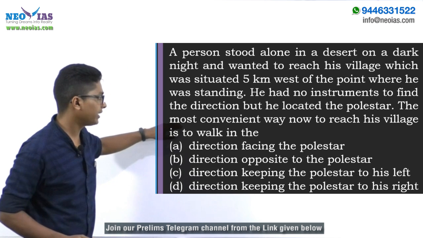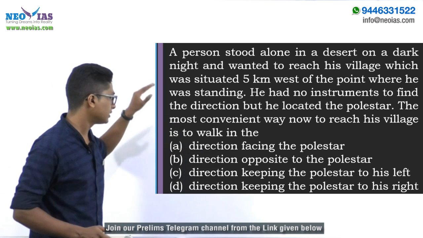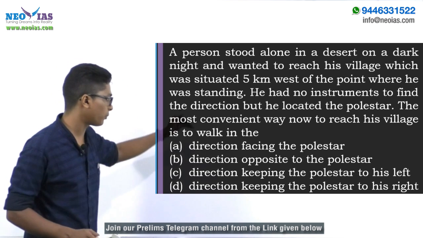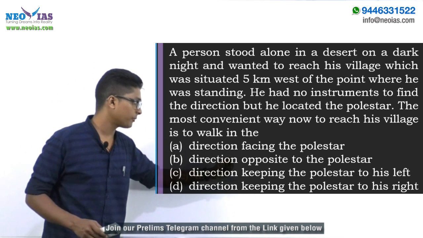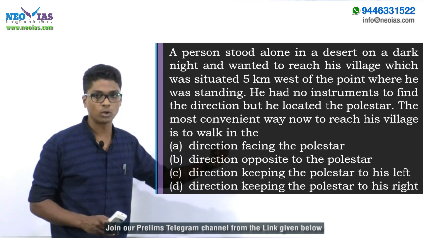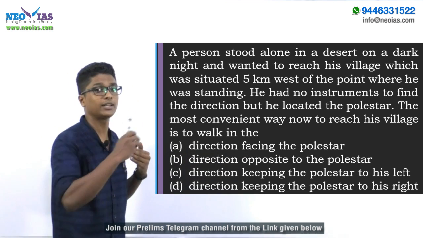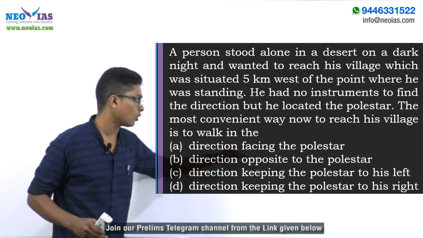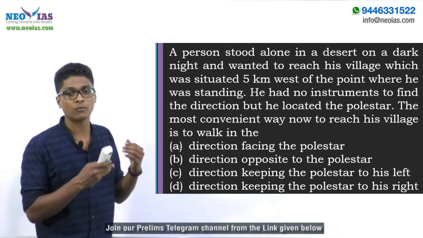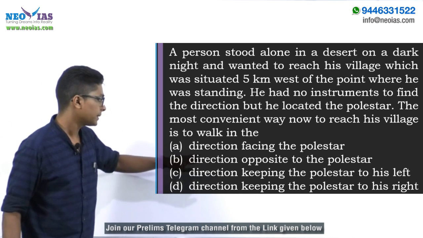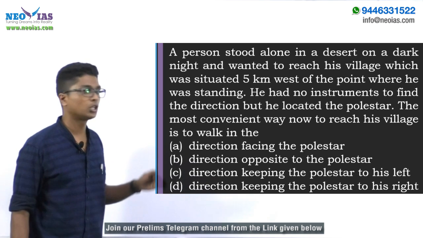The most convenient way to reach his village is to walk in which direction? Among the options, we have the direction facing the pole star and the direction opposite to the pole star. If I'm walking facing the pole star, I'm walking directly towards the north. If I'm walking opposite to the pole star, I'm walking south. Now option C, the direction keeping the pole star to his left.